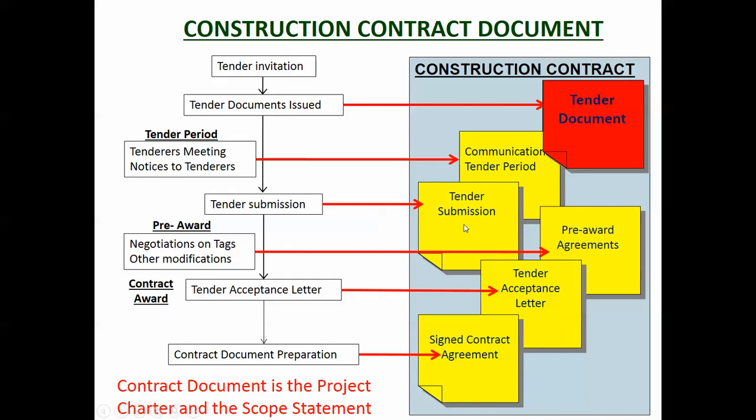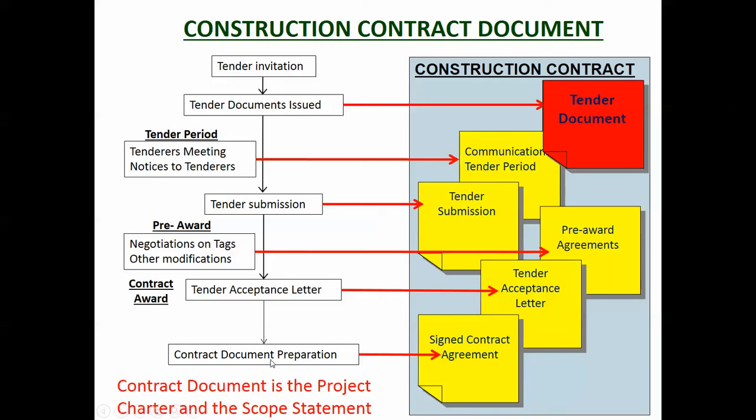Then they all submit their submissions. Then they'll start negotiations with the preferred tenderer, the construction company that's made the best proposal, if you like. And there'll be some pre-award agreements. Then there'll be the tender acceptance letter, and that is where the client accepts the contractor's offer, the construction company's offer.